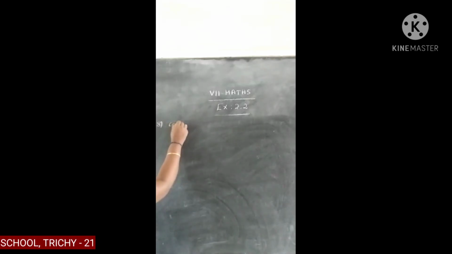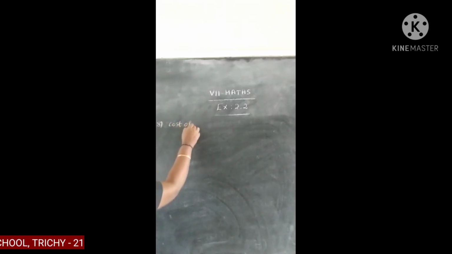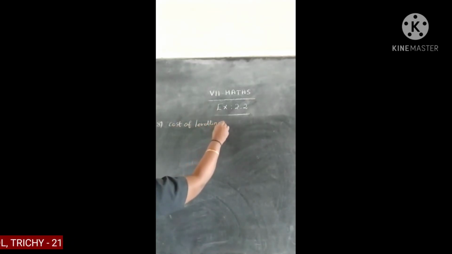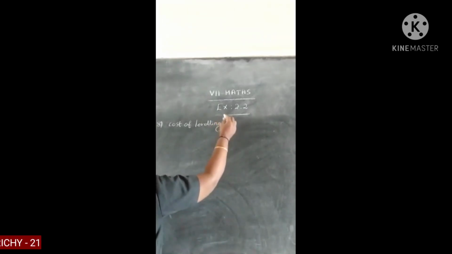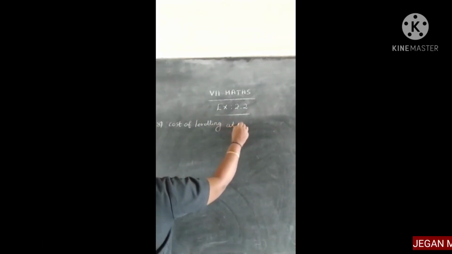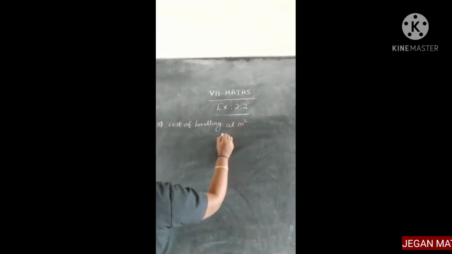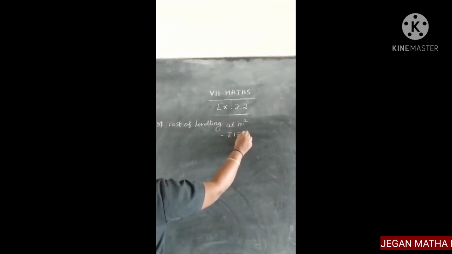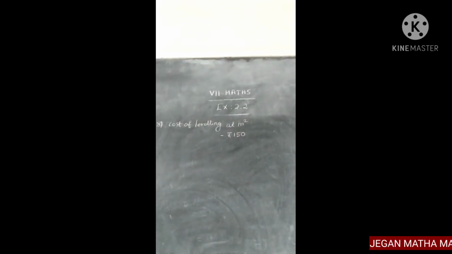So cost of leveling at meter square is equal to rupees 150.